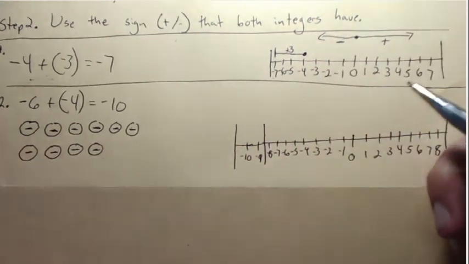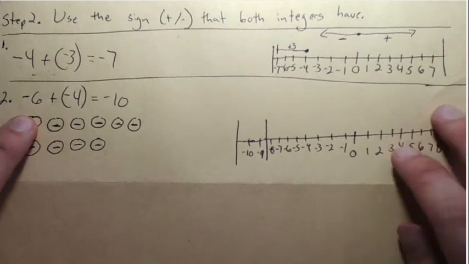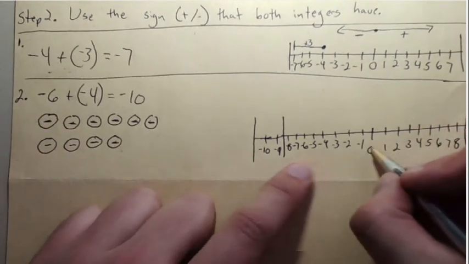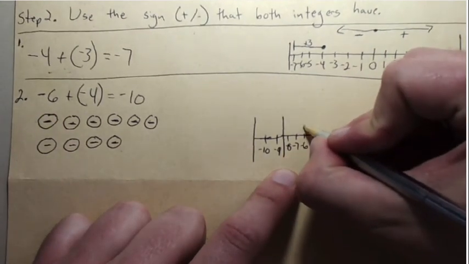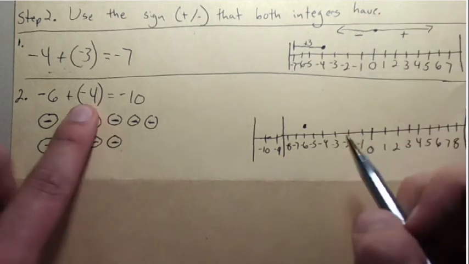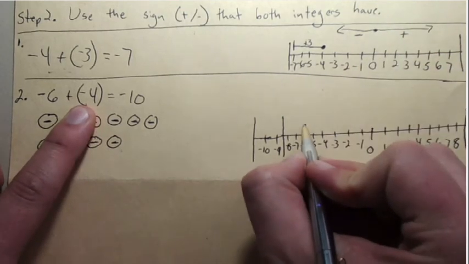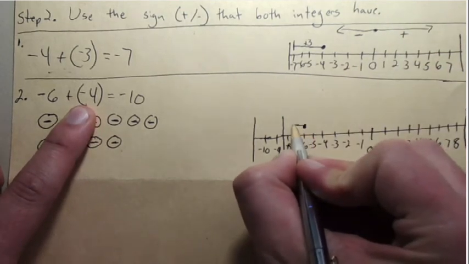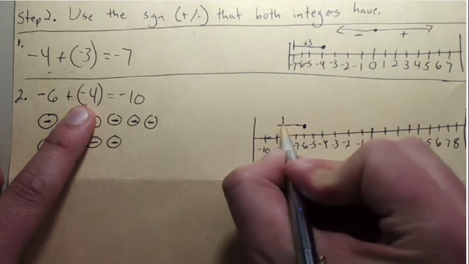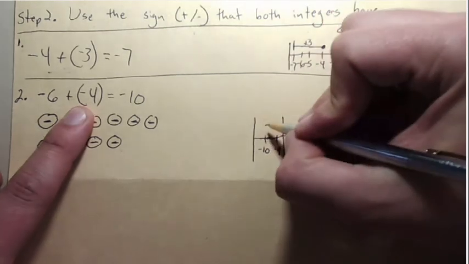And we're going to start with negative 6. So here is negative 6. I'm going to put a dot above it. And then we're going to add negative 4. So if we draw our line across, there's 1, 2, 3, and 4.